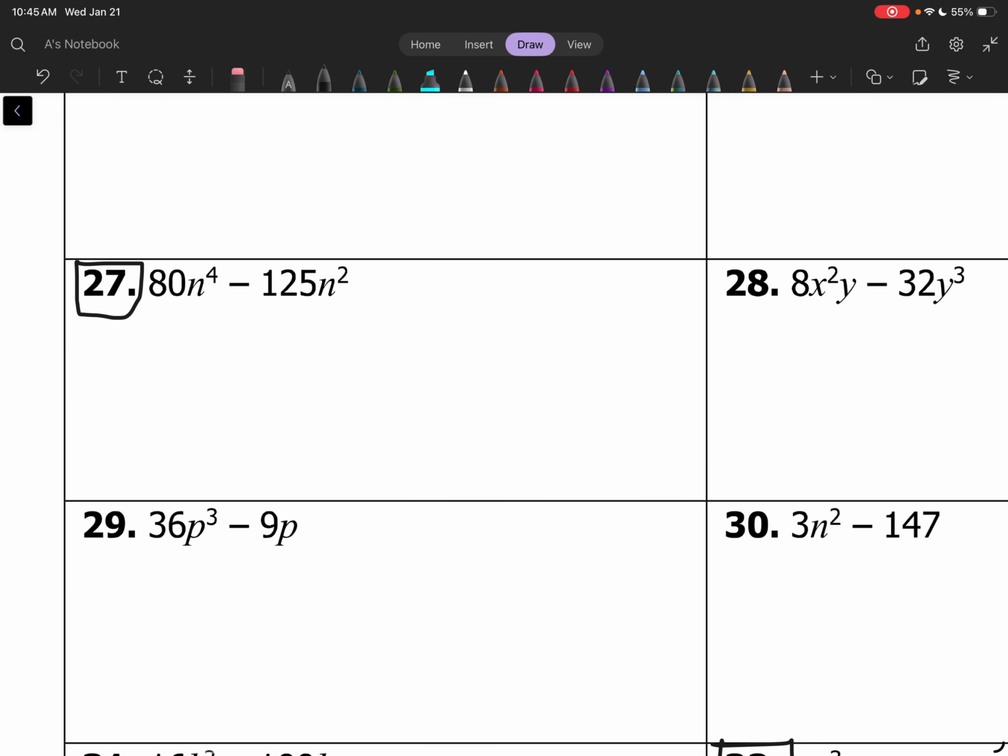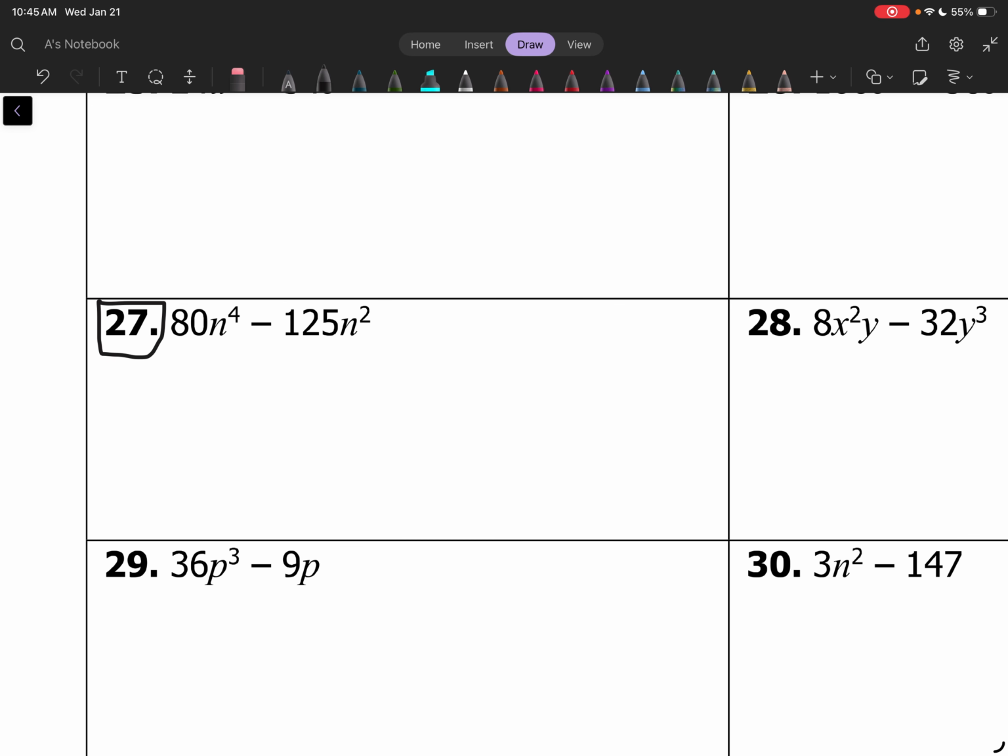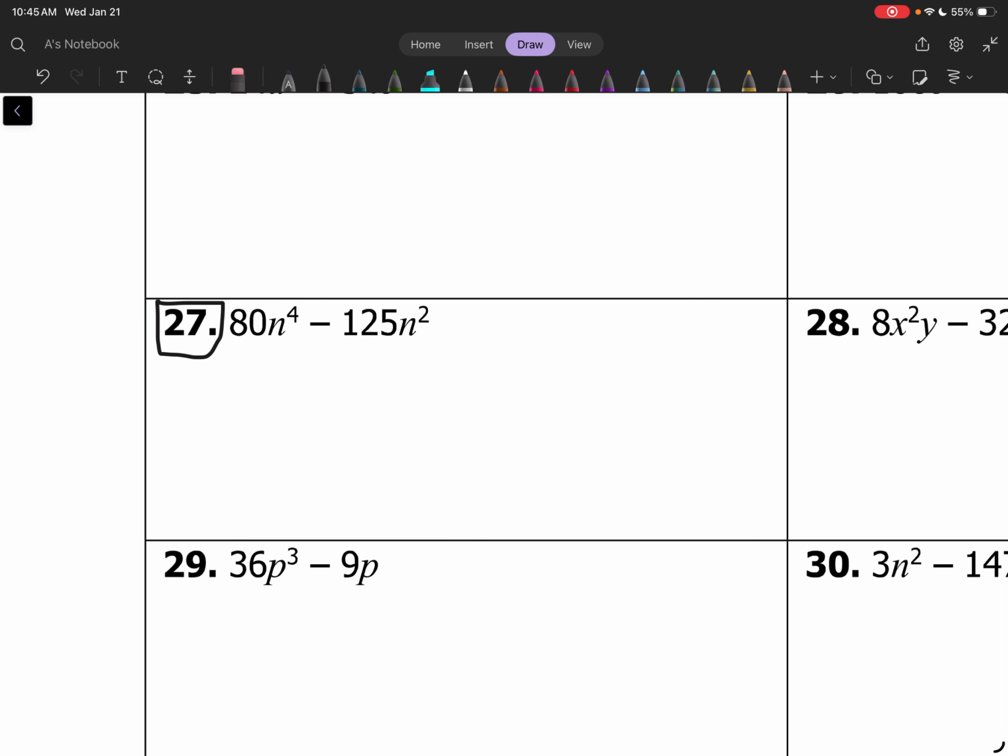All right, number 27, 80n to the 4th minus 125n squared. You can use Desmos to find the GCF between these two numbers. It is going to be 5 for the coefficients. I'm looking at my n terms. I have an n in both terms. The lowest exponent is 2. There's my GCF.